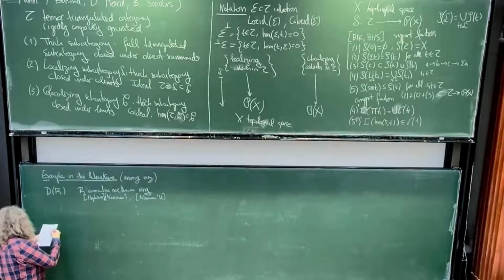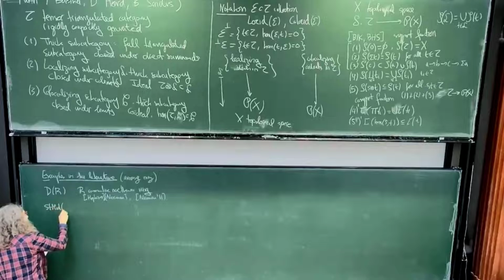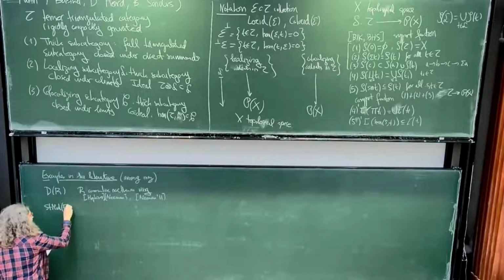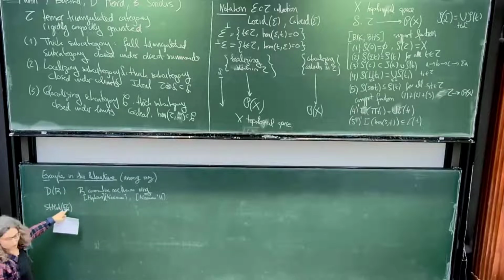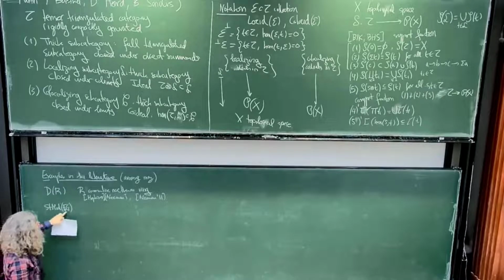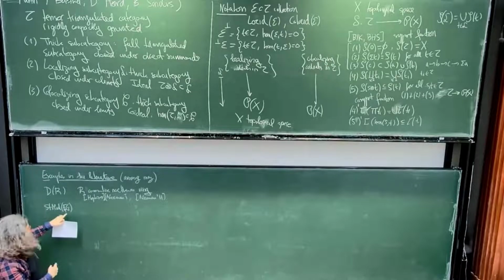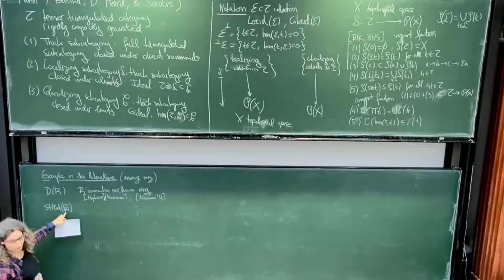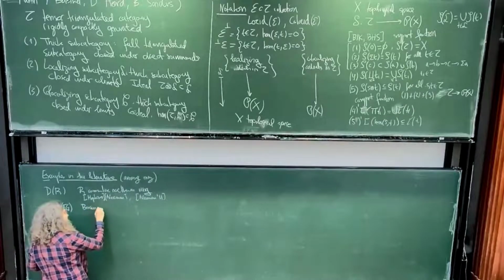Other examples come from the stable module category, for example, the group ring kG, when you look at modular representation theory, representations over the field Fp, for example, and that goes to the work of Benson-Iyengar-Krause.